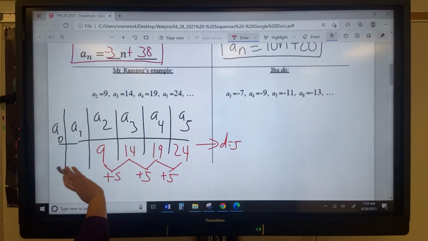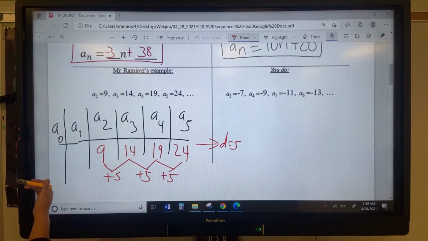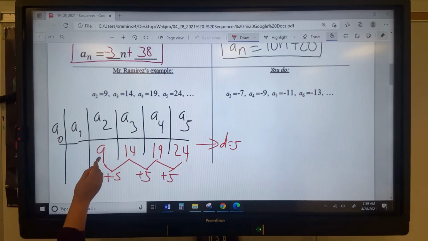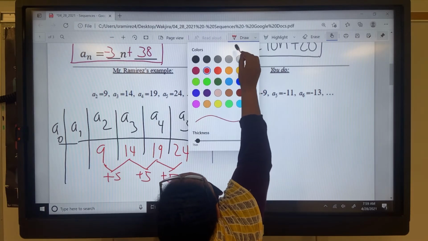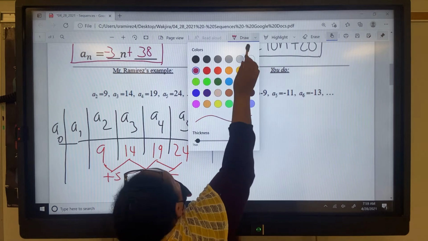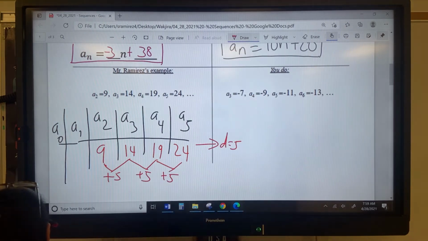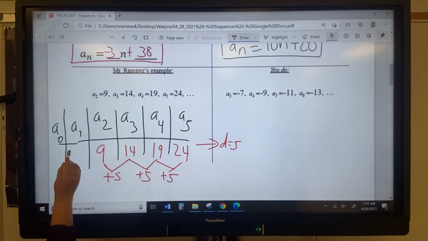So if we add 5 to the right, we have to subtract 5 to the left. So we have the first one is 9. Nine minus 5 is 4.